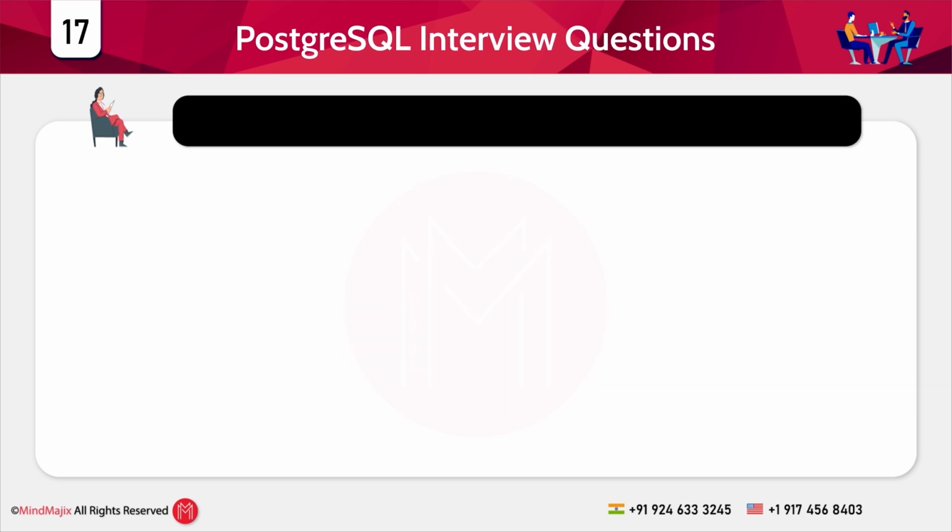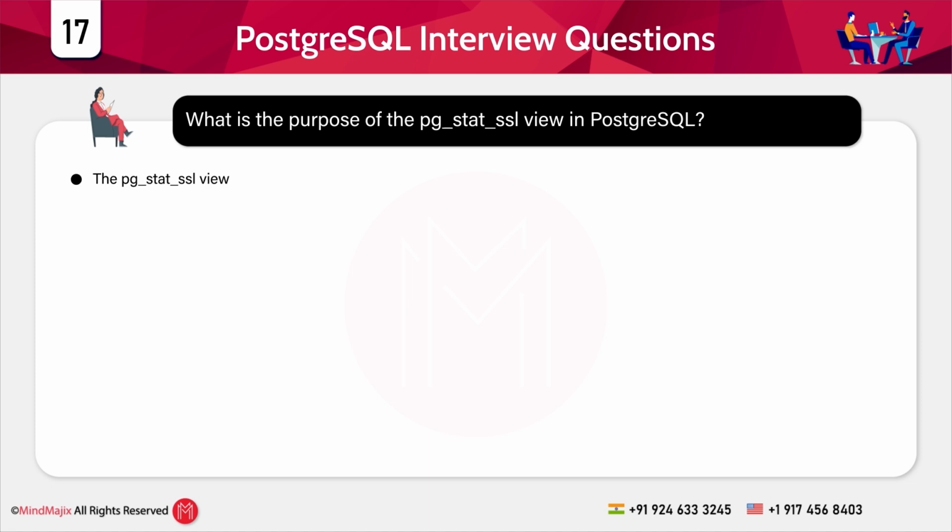The next question is, what is the purpose of the pg_stat_ssl view in Postgres? The pg_stat_ssl view basically provides information about the current SSL or TLS connections established within the server.